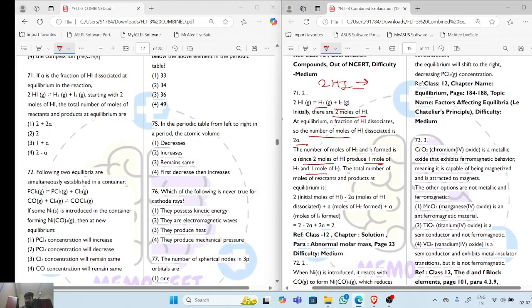The total number of moles of reactant and product at equilibrium is 2 initial moles of HI minus 2 alpha moles of HI, plus alpha moles of H2 formed plus alpha moles of I2 formed. So we can write the equation as 2 minus 2 alpha plus 2 alpha. The 2 alpha will cancel out, so the answer will be only 2. So option number 2 will be our correct answer.